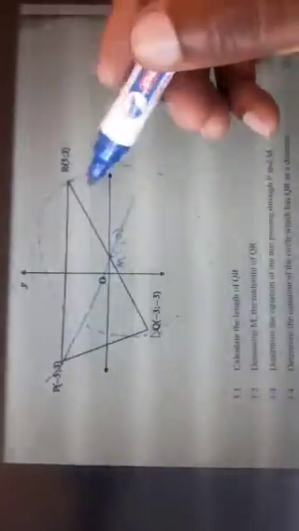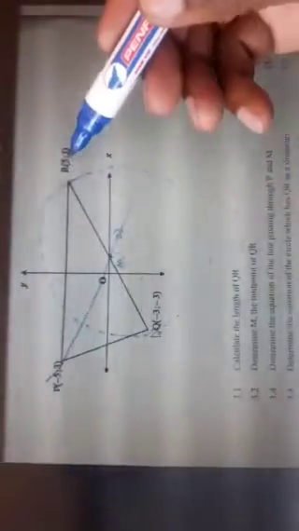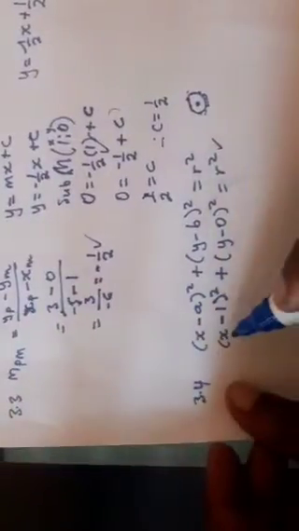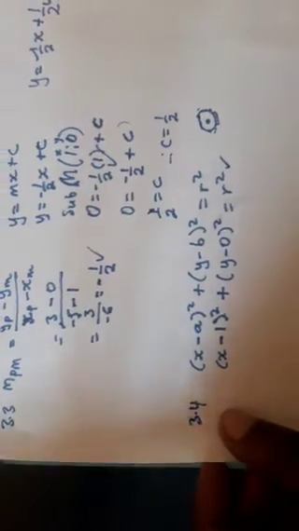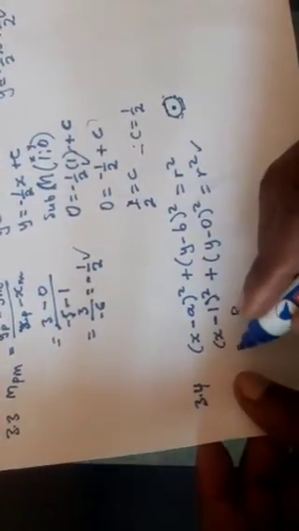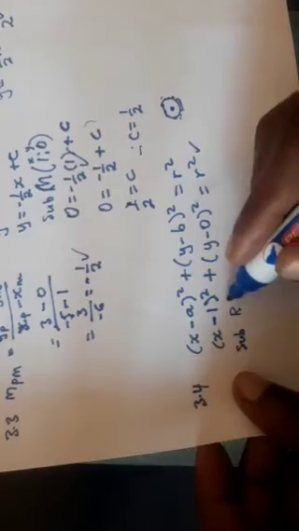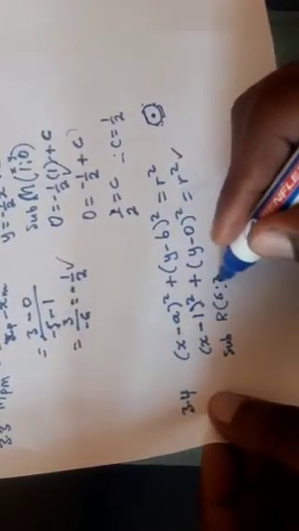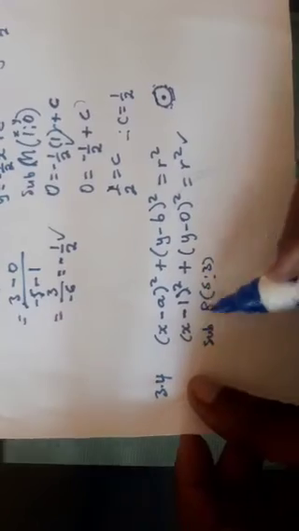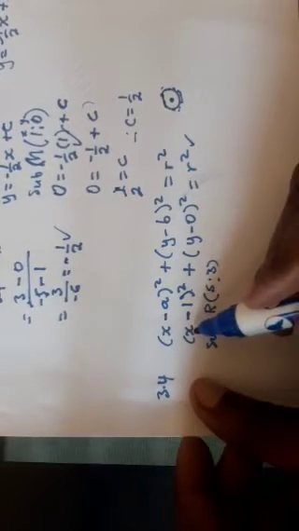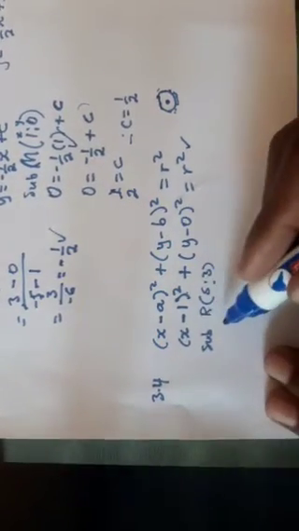Substituting R, that gives us 5 and 3, so this is x and y on the circumference.